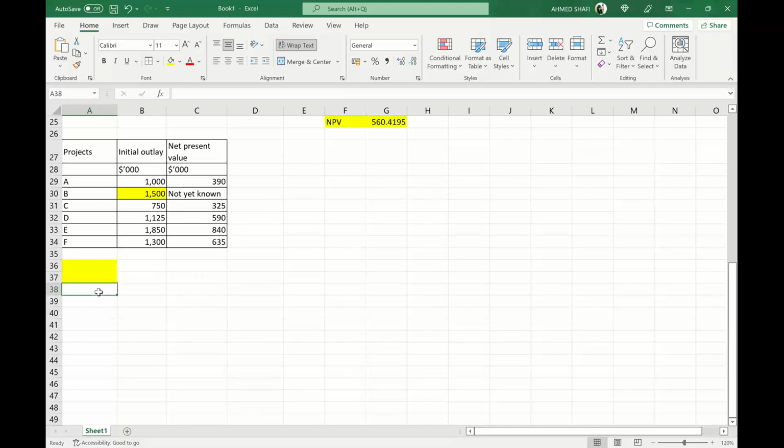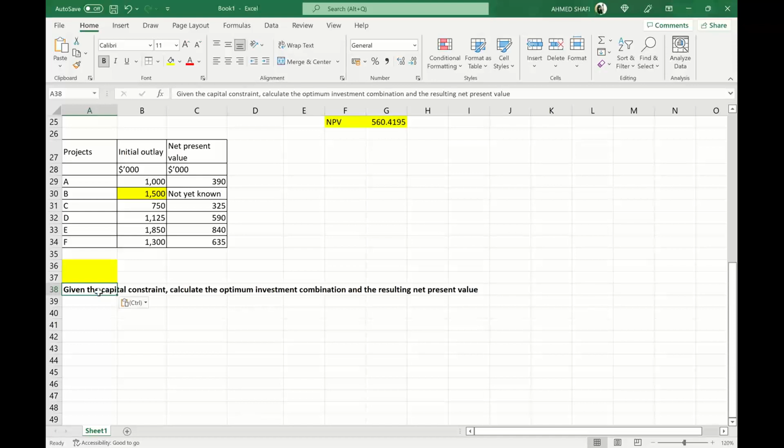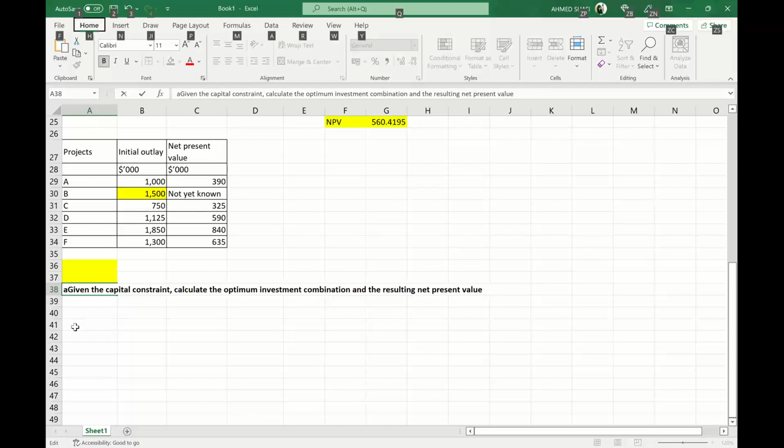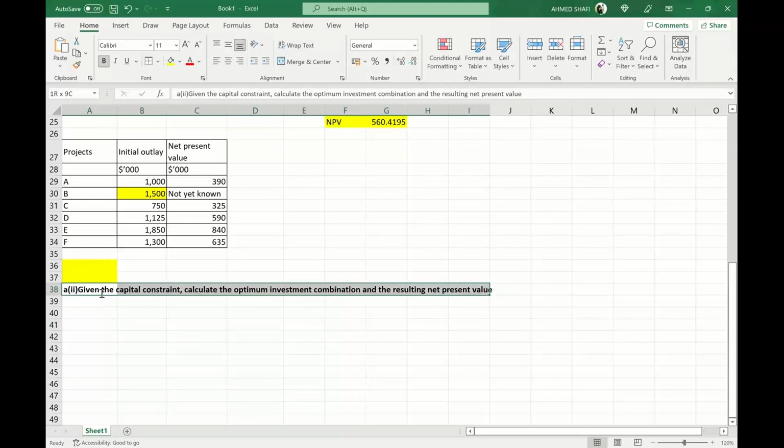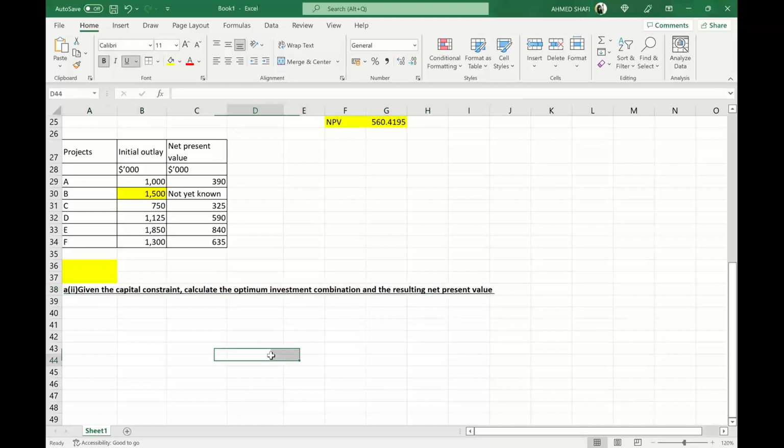Okay, now as far as requirement A2 is concerned, again, copy that from the question: given the capital constraint, calculate the optimum investment combination and resulting NPV.